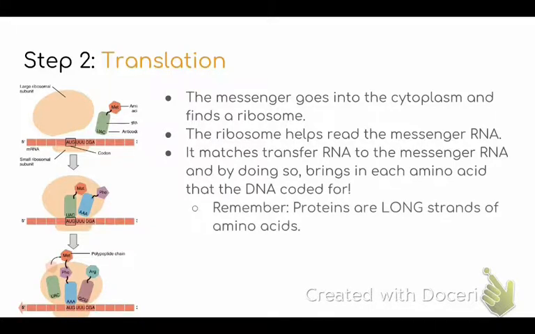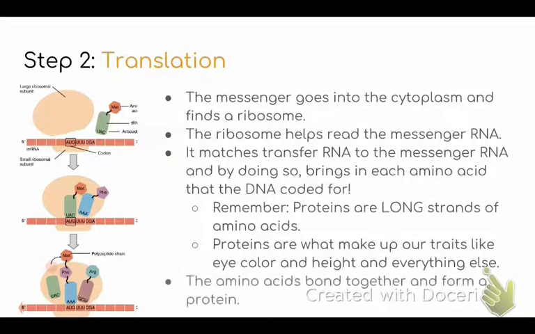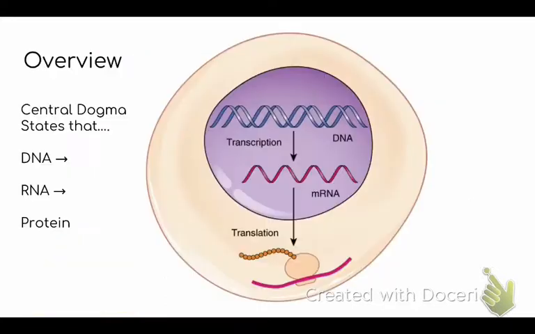Remember, proteins are long strands of amino acids, and proteins are what make up our traits, like eye color and height and everything else. So the amino acids bond together and form a protein, and that's essentially the two steps of protein synthesis, simplified.